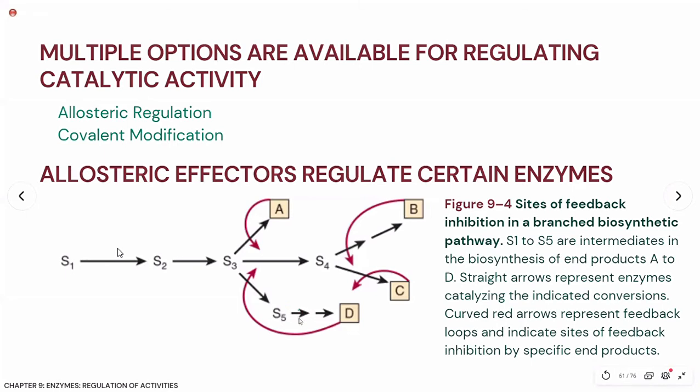Because if you stop that, what is S5? This is a result of S3. So what is the use of this? This is the final product. And this is useless. So D acts on the enzyme there.